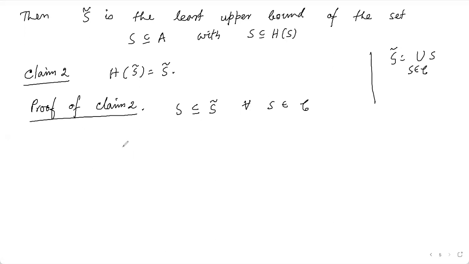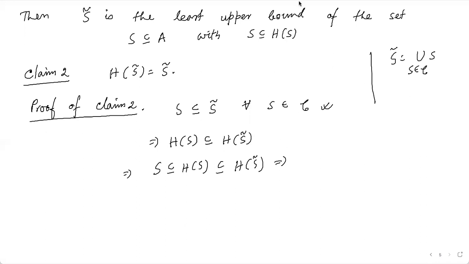Now H of S is a subset of H of S tilde. And S is a subset of H of S, because S belongs to script C, which is again a subset of H of S tilde.